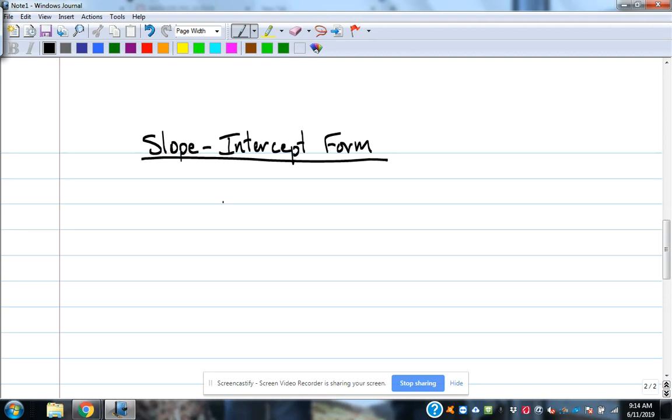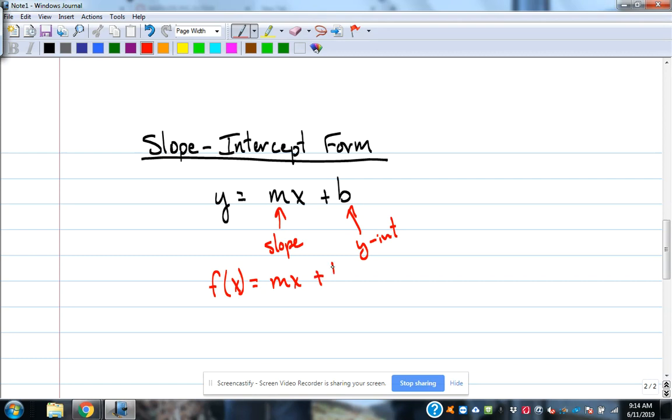We use y equals mx plus b, where m is again that slope, and b is your y-intercept. I think we wrote it in function notation last week. It's the same thing, just f of x instead of y. I would take either way. It's absolutely fine.